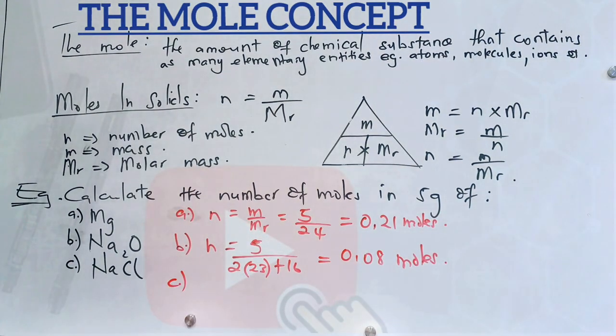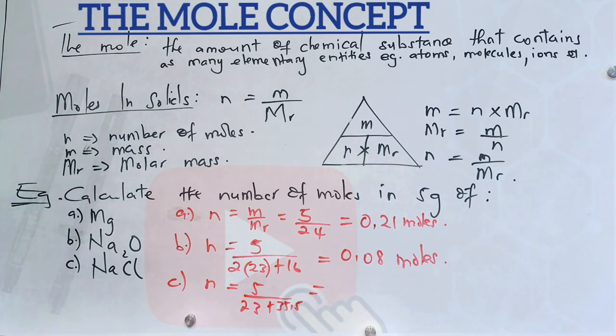Then C, the number of moles in 5 grams of sodium chloride. Its mass number is 23 for sodium plus 35.5 for chlorine. So this is 23 plus 35.5.